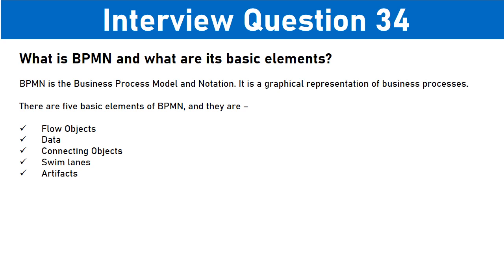Interview question 34. What is BPMN and what are its basic elements? BPMN is the Business Process Model and Notation. It is a graphical representation of business processes. There are 5 basic elements of BPMN, and they are flow objects, data, connecting objects, swim lanes, artifacts.